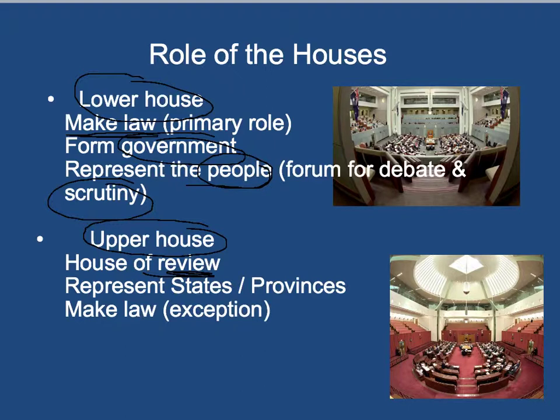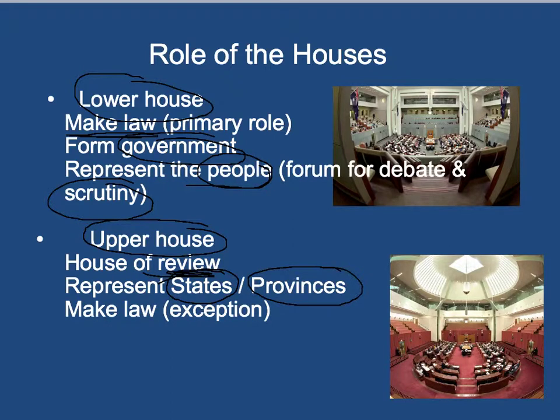If it were the Commonwealth Parliament, it would be there to represent the interests of the states. So hence, it is sometimes referred to as the States House. If it were the Victorian Parliament, it's there to represent the interests of the provinces.